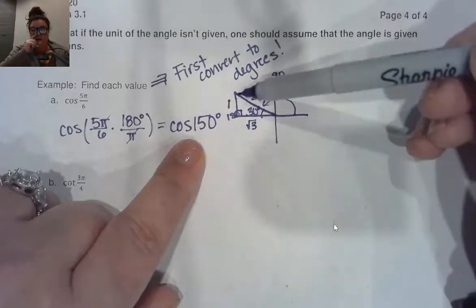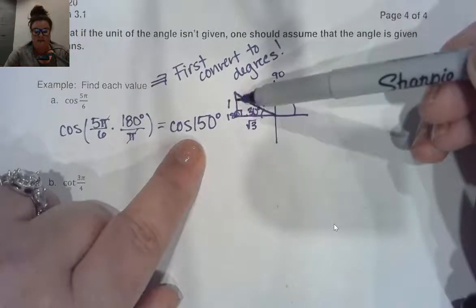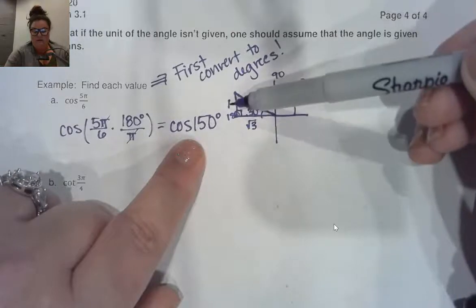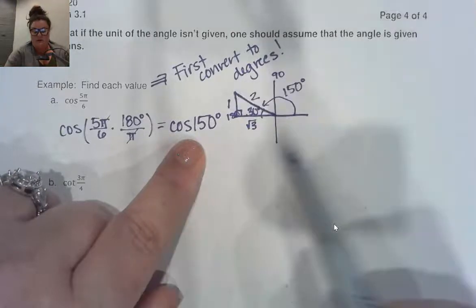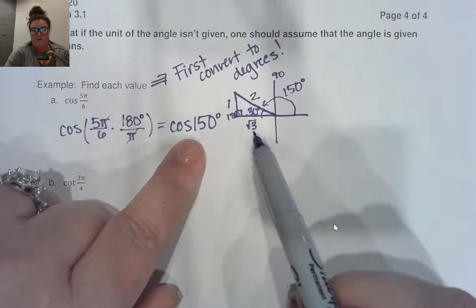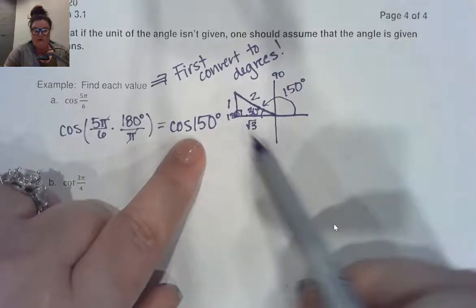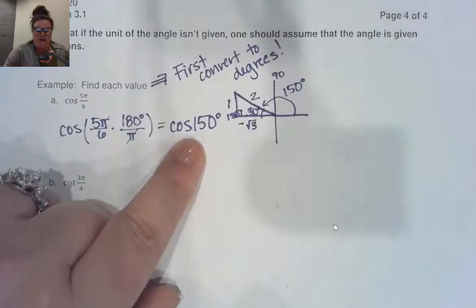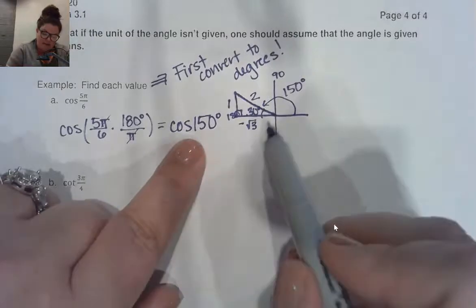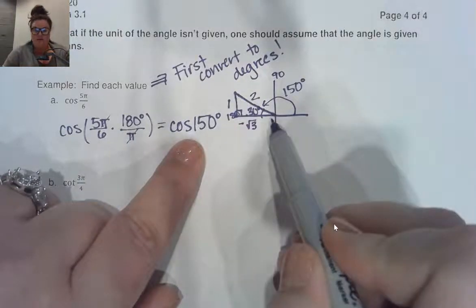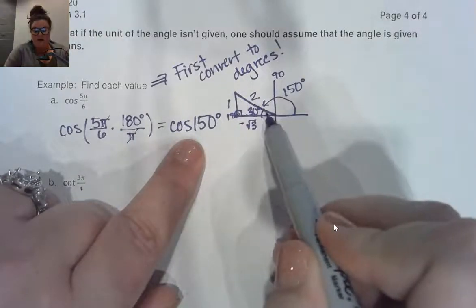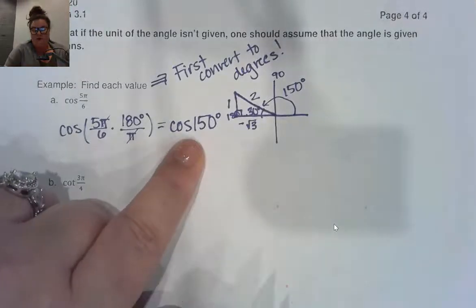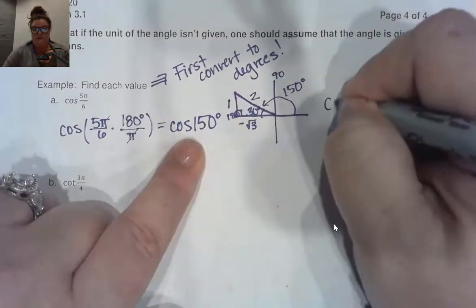Now, because it's in quadrant 2, I need to think about my signs. Notice my opposite side is above the x-axis, so it's a positive 1. But my square root of 3, notice it's to the left of my y-axis, so this is actually going to be a negative square root of 3. And then we know our hypotenuse is always positive, so that 2 is going to be positive.